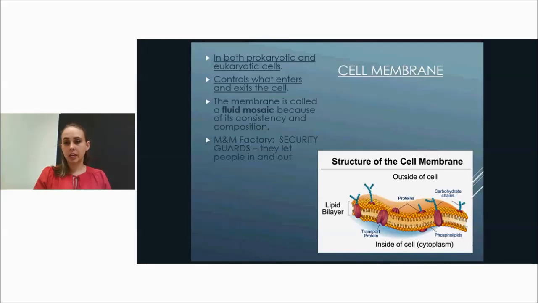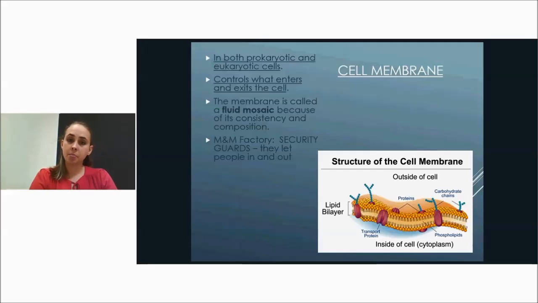And it has different things embedded within the membrane itself. It has transport proteins, carbohydrates, different cholesterols and fats, and it can allow things in or out of the cell. We will talk more about that when we get into cell transport, where we'll focus directly on the cell membrane and see exactly how things get transported across that barrier.